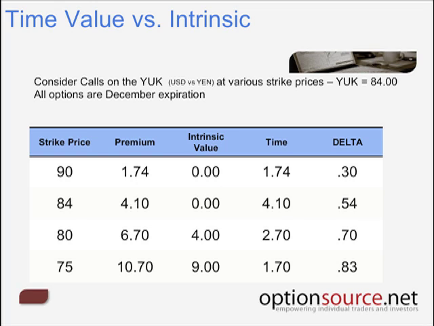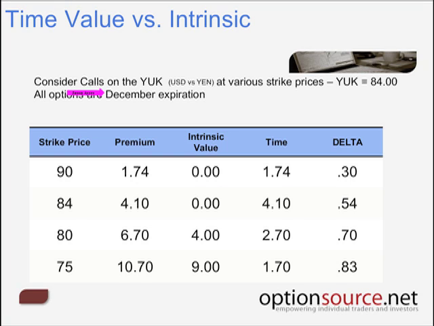So what I did, of course, just illustrating my directional view here with that break of the 84 level, is I took a look yesterday at some different potential choices that we can make with respect to the options that we're trading when the YUK was sitting around that 84 level.